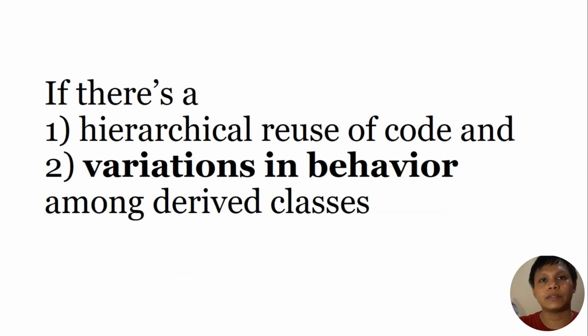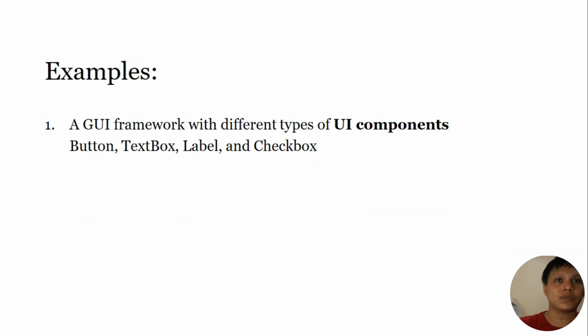Okay. And specifically, examples of these scenarios that we're gonna benefit from polymorphism is, let's say we have a GUI framework with different types of UI components. Let's say a button class, a text box class, label, and checkbox class. And let's say these four UI components have these methods called draw and click.